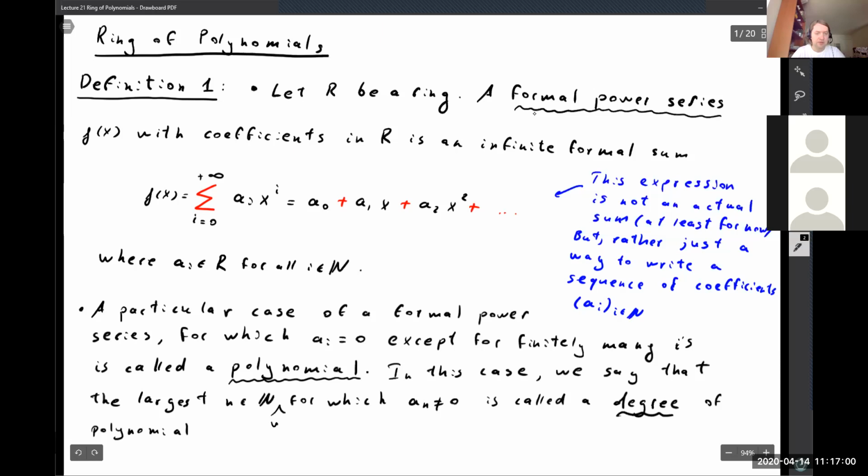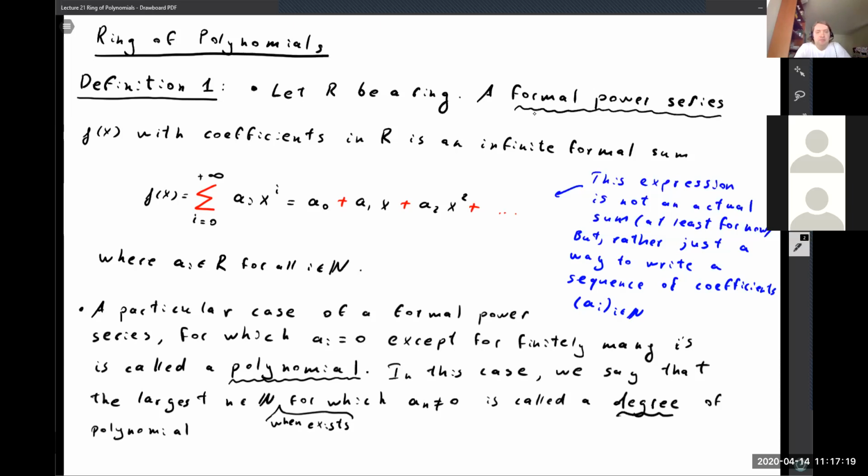Here probably we should say when it exists, because there is a silly case of a polynomial which is 0, where all coefficients are 0. We don't talk about the degree of that. So we define the degree only for a non-zero polynomial.